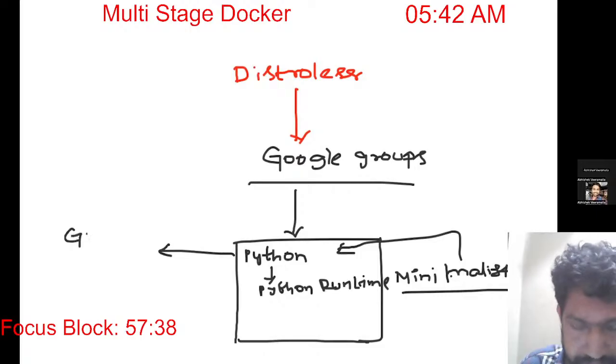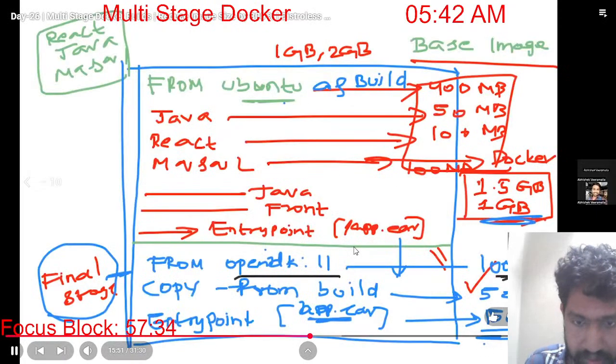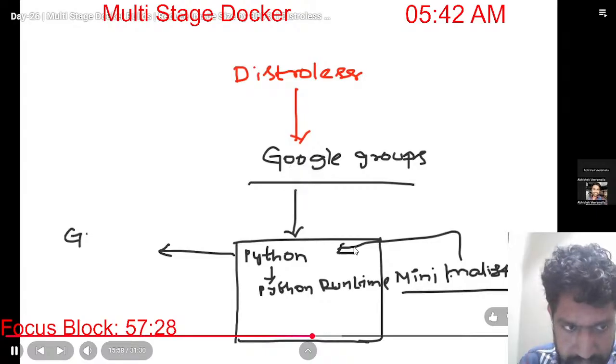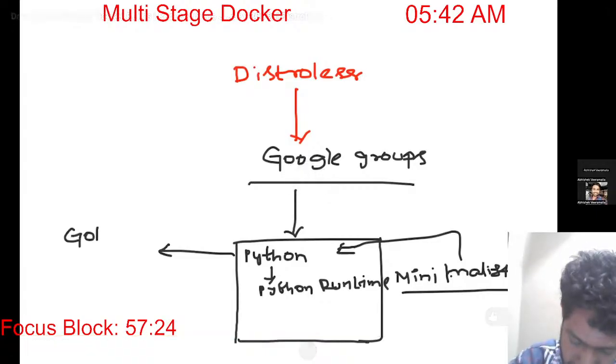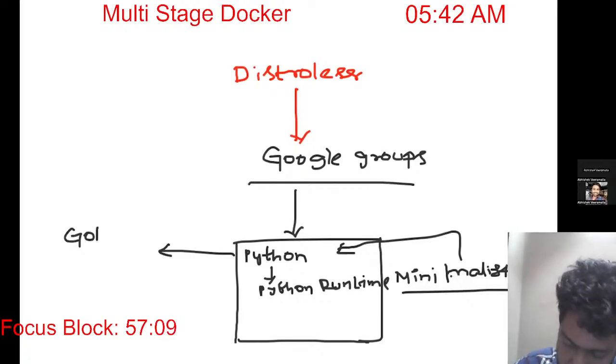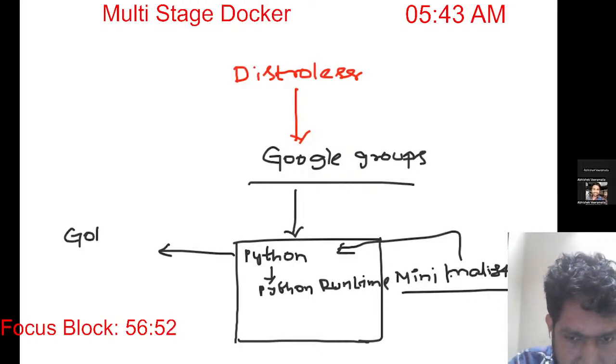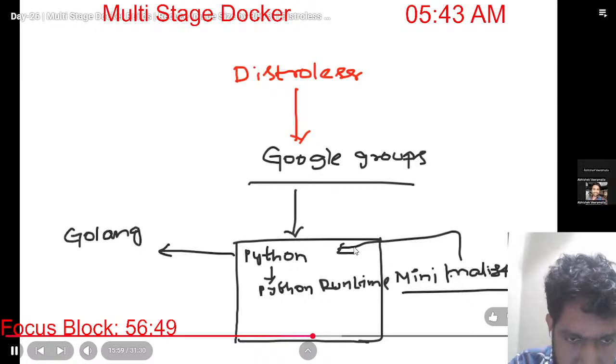For example, if you take the example of a Golang application, a Golang application is a statically typed application.